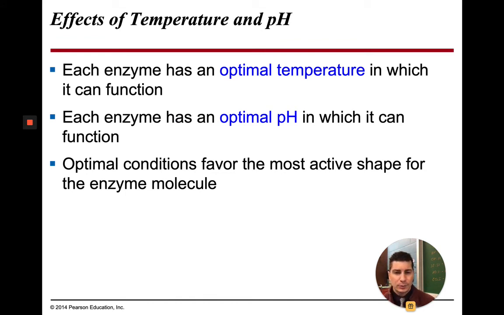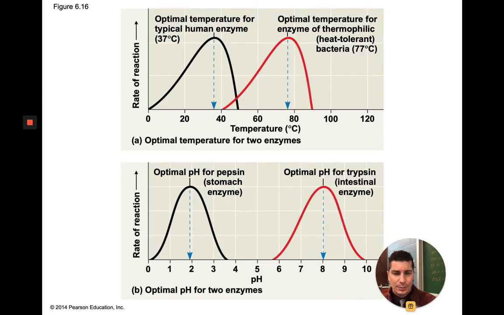So we have an optimal temperature that each enzyme works at, and it's different for every enzyme. And we also have an optimal pH, whether it's acidic, basic, neutral, where these enzymes work. Obviously, stomach ones would want to work really well in an acidic environment. Here is pepsin and trypsin, two different enzymes.